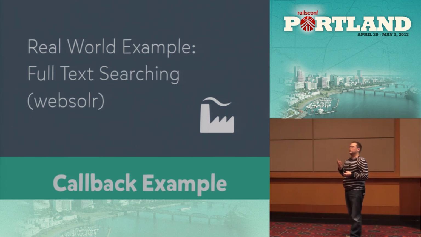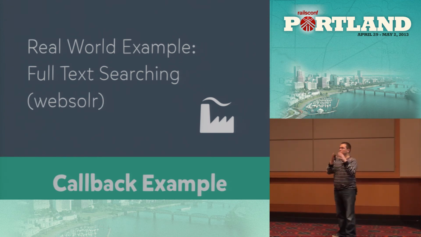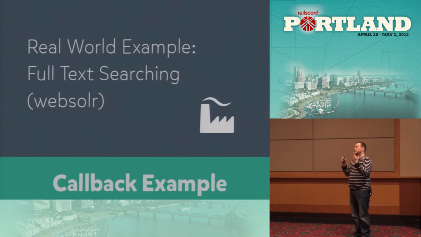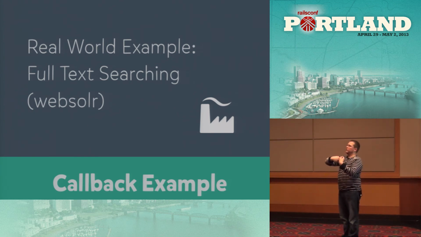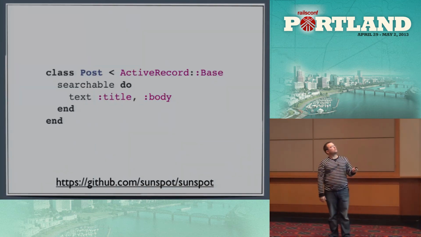Without callbacks, you'd have to maybe re-index the whole index every day, but then it's almost always out of date. With callbacks, you can do it right away, and make sure it's done anytime that model is changed, whether through an API or through one method updating it. It is a consistent lifecycle that you can hook into.